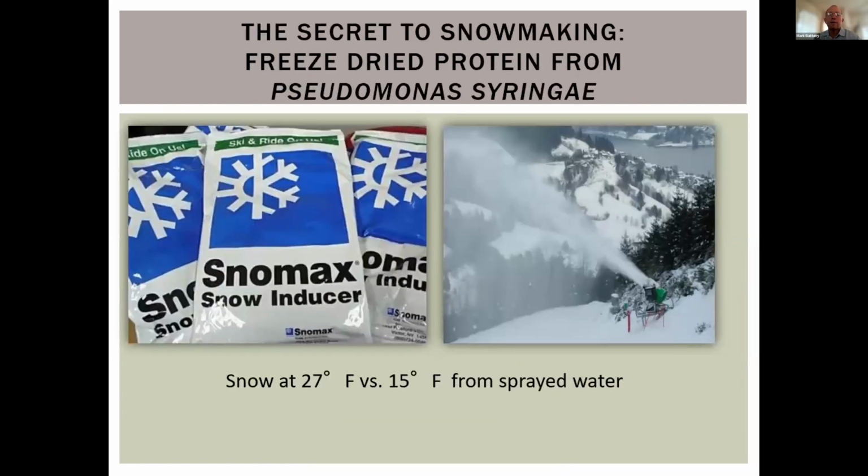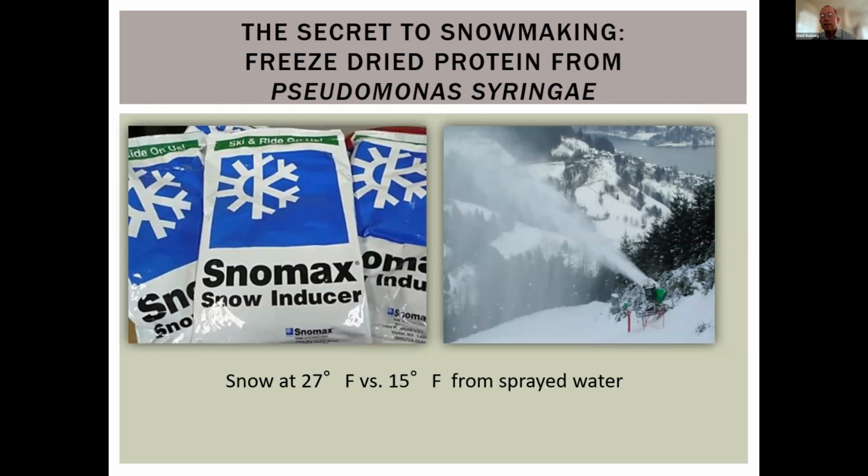How do they affect the formation of ice? Well, a really good example comes from the world of artificial snowmaking. There actually is a dried protein from the Pseudomonas syringae bacteria which is sold to the snowmaking industry.